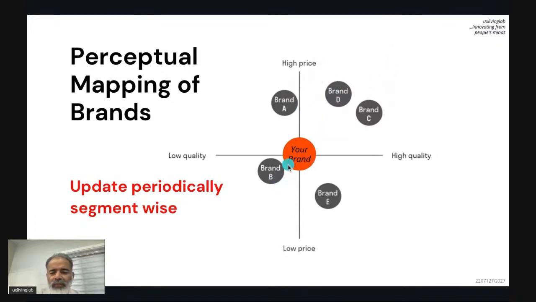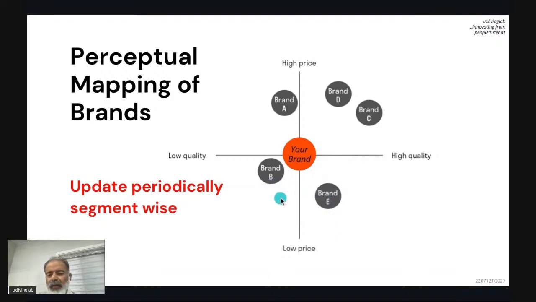So look into brand B and brand E. These are the closest competitors to you because they are very close to you, with a little bit of difference in quality and a little bit of difference in price. Brand E has high quality and lower price. This is really a highly competitive brand because it has higher quality than you and is low priced.